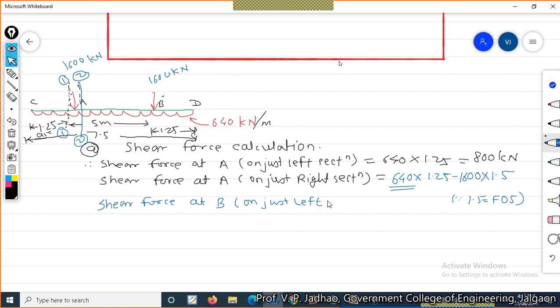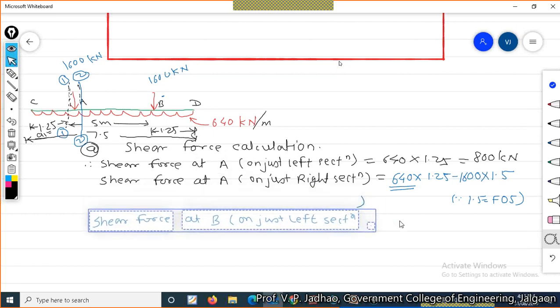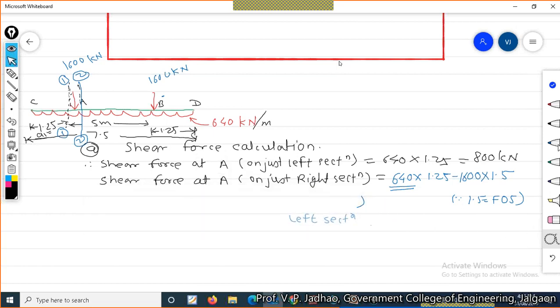We have to consider the section on left section. Okay, we are considering the section on just left side. Let us consider this is your section number 33.